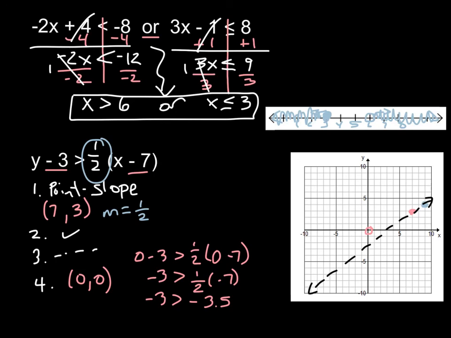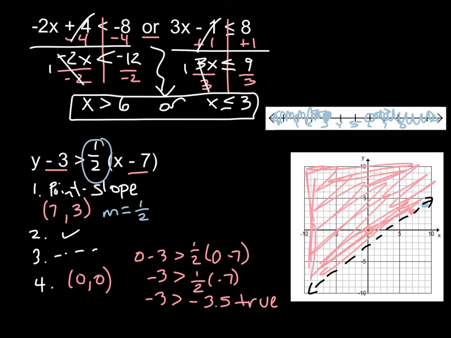The answer is yes. It is greater because it is less negative. So this is true, and we are going to shade where the point exists that we tested because it was true for that point. So we're going to go ahead and shade this side of the line, and so all points in the coordinate plane are true for our inequality.